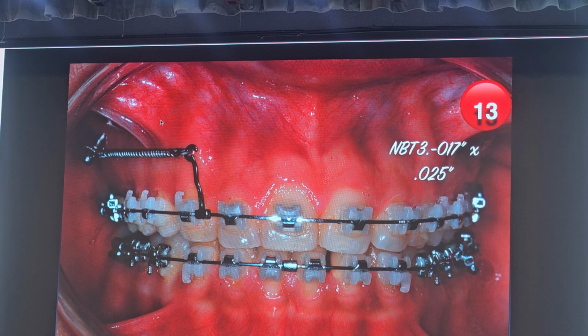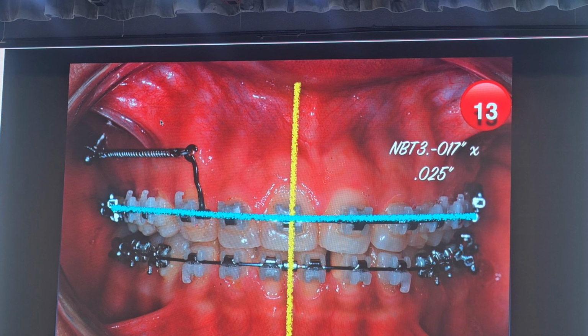And now you can see on this side we are using a hook, and the height of the hook is going to be changed during the treatment, because the motion of these teeth is going to be different as you go along.